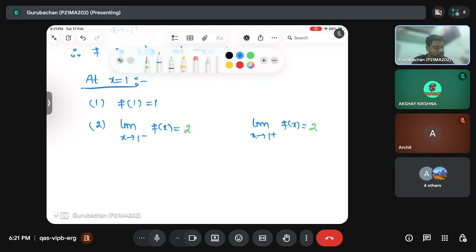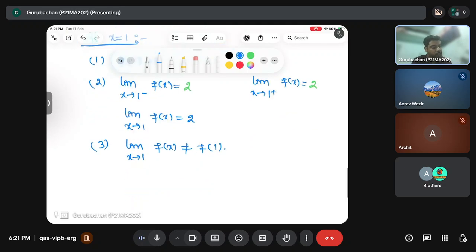Since LHL equal to RHL, we can say the limit exists, but limit x tending to 1 of f(x) does not equal f of 1. That means f is not continuous at x equal to 1.